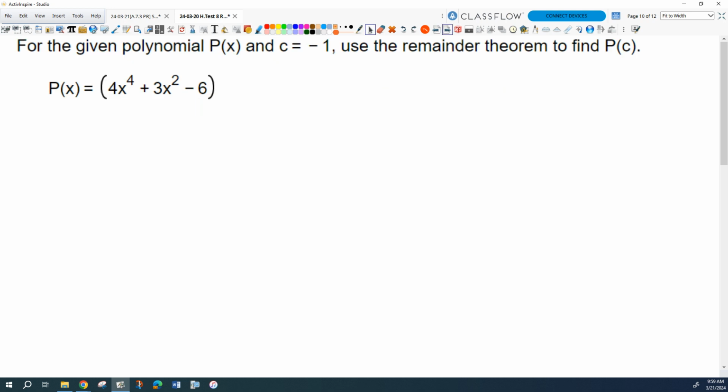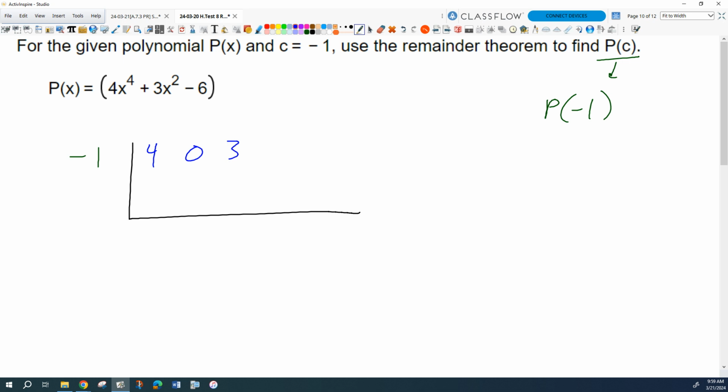Okay, we don't have to do this whole thing, but how would I set it up? That's all I want to do here. It tells me for the given polynomial p of x and c equals -1, use the remainder theorem to find p of c, right? So really what you're doing here is finding p of -1. How would I do that synthetically? -1 on the outside. Okay, good. And then what would my coefficients be? 4, 0, 3, 0, -6.